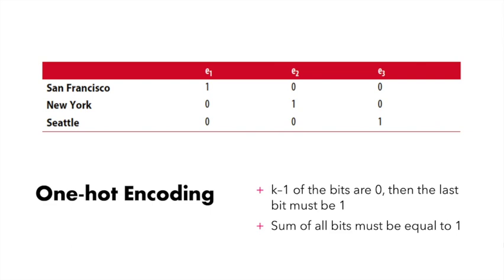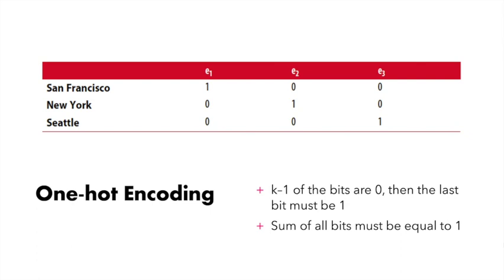This is called one-hot encoding and is implemented in scikit-learn, in the OneHotEncoder. Each of these bits is a feature. So a categorical variable with k possible categories is encoded as a feature vector of length k, and this is what you're seeing here.